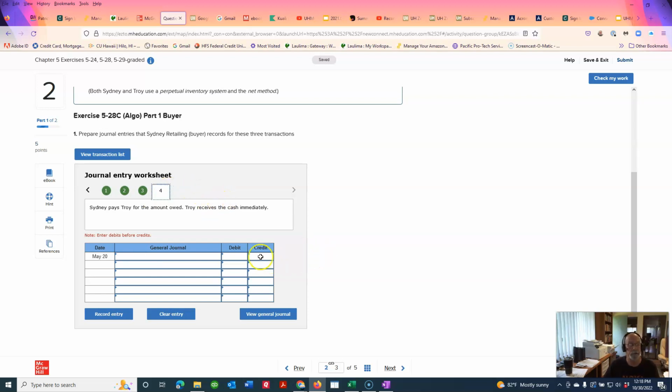And then finally on transaction 4, on May 20th, Sydney, the buyer, pays Troy for the amount owed, and Troy receives the cash immediately. So let's see how much that payment is going to be.